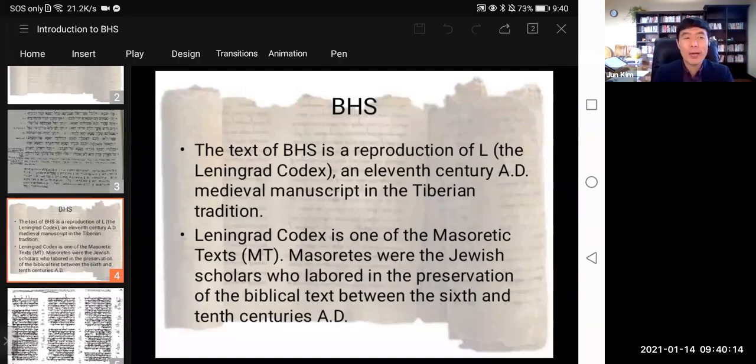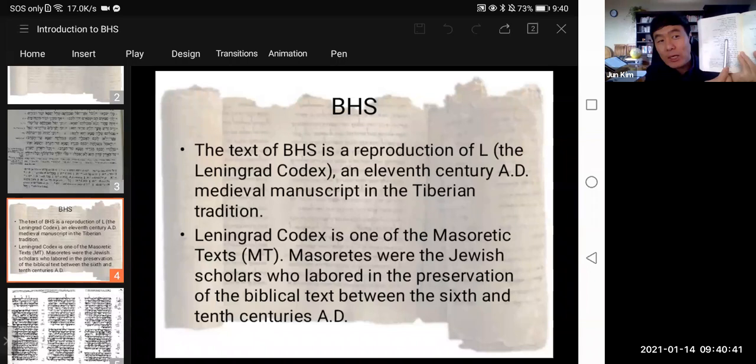So there are different kinds of possible errors, scribal errors. We're going to talk about it very briefly. They thought, okay, this one must be an obvious error, but they didn't want to change it. Instead of changing it, they put their comments on the margin. That's why we have a lot of stuff here.